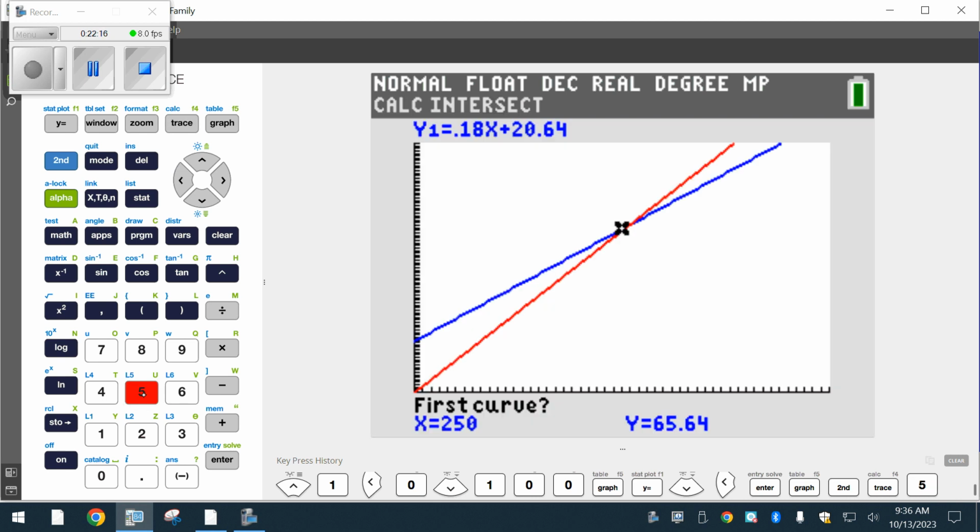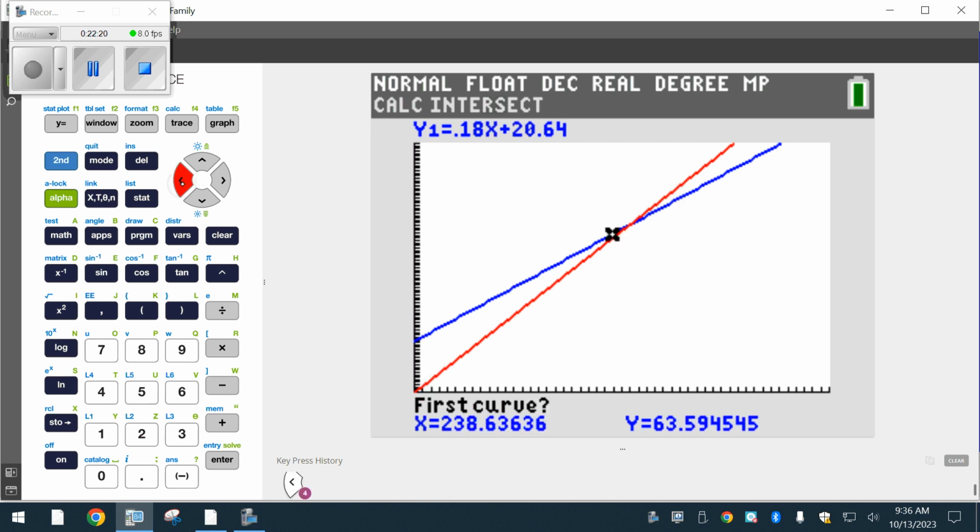It's going to ask you for the first curve. So I'm going to slide it over a little bit. You see how for me, it's on the blue. So I hit enter. And now it will jump to the red, right? So I'm going to move that a little bit. It always asks for a guess anytime you're using the calculate area, so you just hit enter.